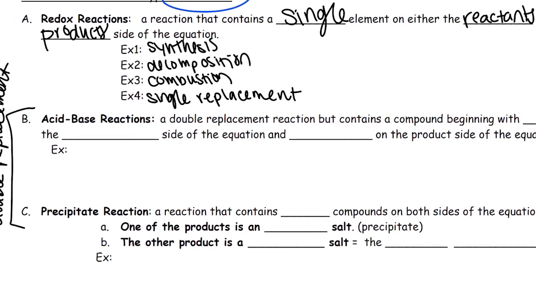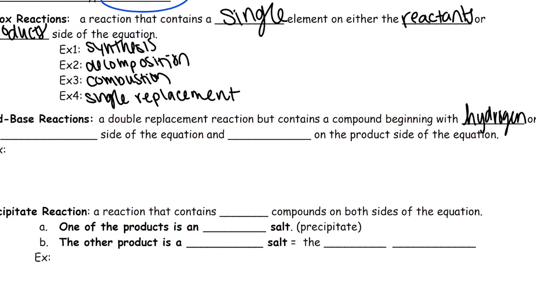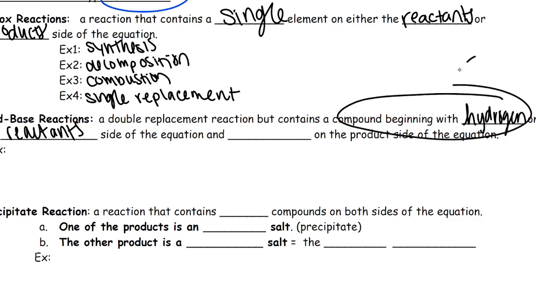In an acid-base reaction, this is a type of double replacement reaction that contains a compound that begins with hydrogen on the reactant side of the equation. If something begins with hydrogen, what type of compound is that? Acid. Good. So this is why it's called acid-base. Acid.